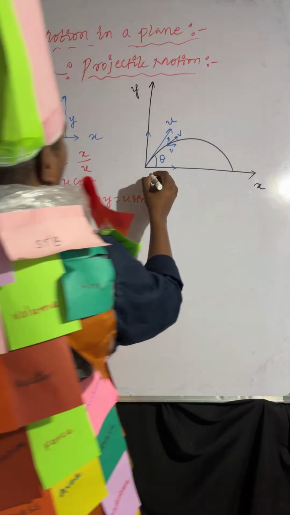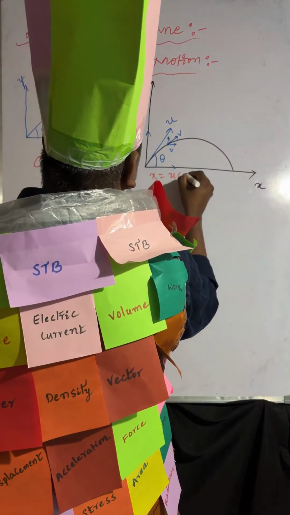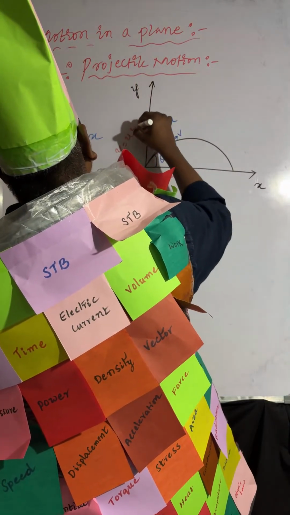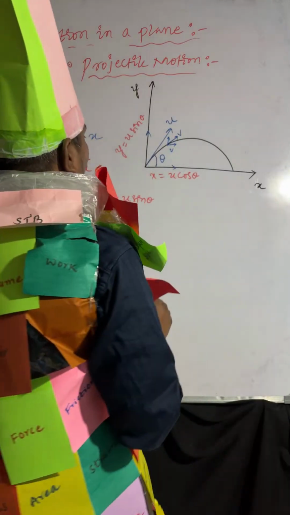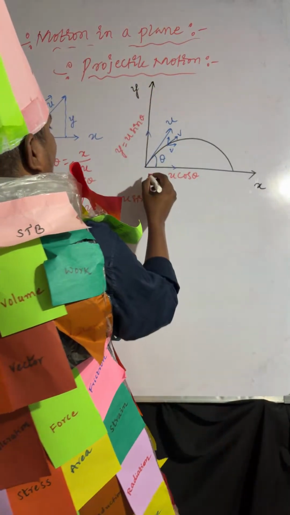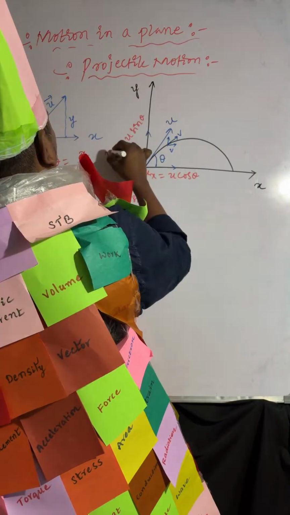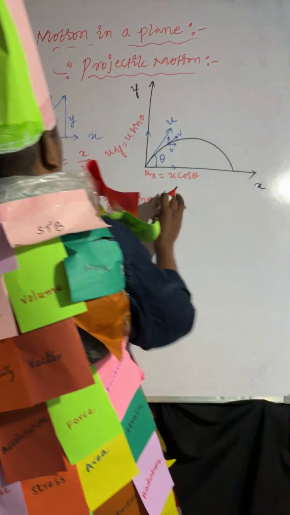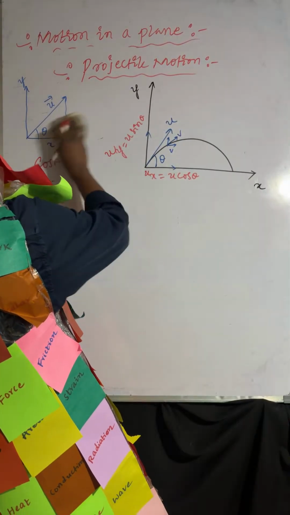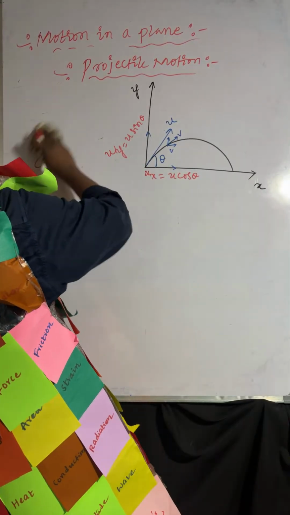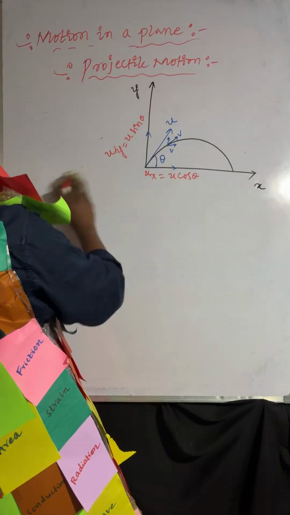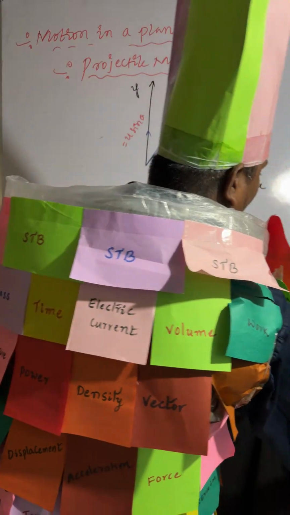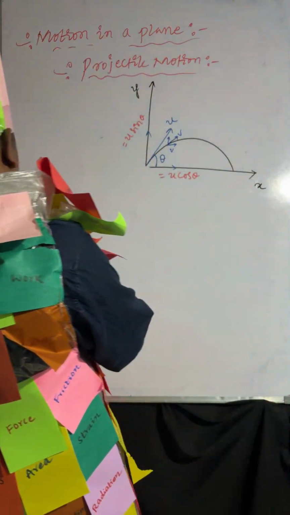So along the x-axis you can take u cos theta, along the y-axis you can take u sin theta. So that is ux and uy.